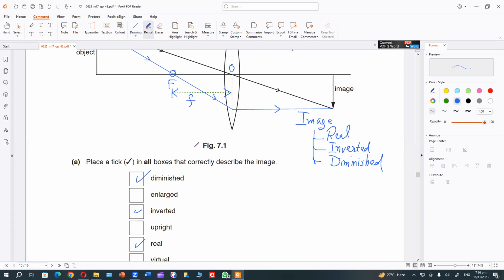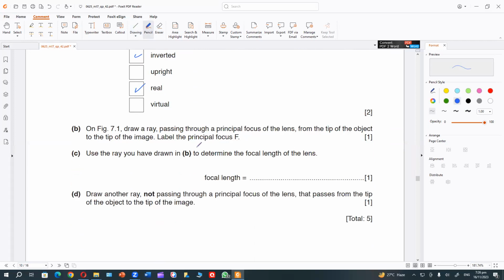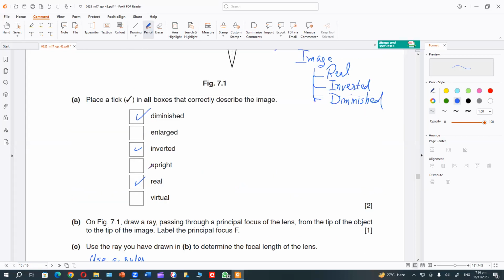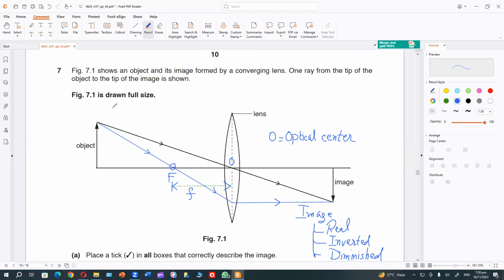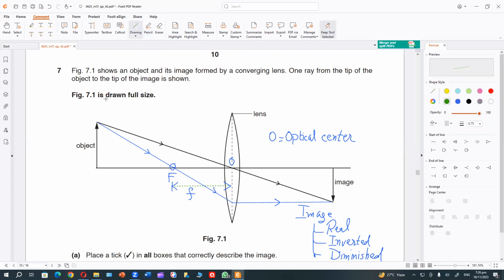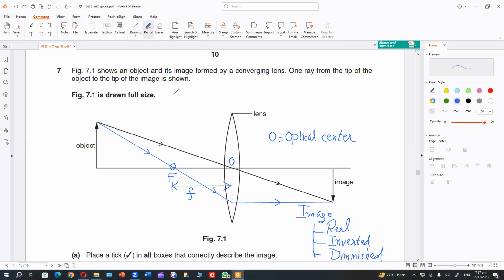Now, please use a ruler to find the focal length. Examiner says that this diagram is drawn full size. So you can put the ruler directly on your book, and you can tell me what answer you are getting.